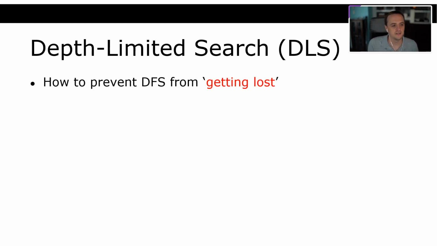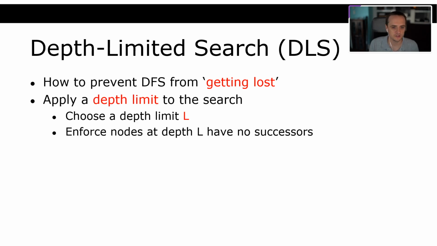So, depth-limited search is also a very interesting concept. What we saw before is that depth-first search can go like A, B, A, B, A, B. It can go down the right-hand side of the tree and it can just get lost, right? It doesn't know where to go. So how can we prevent depth-first search from getting lost?